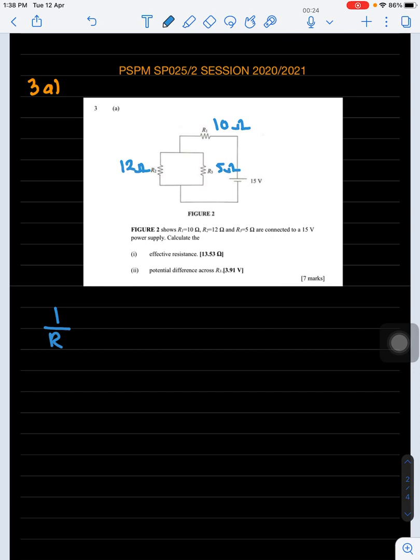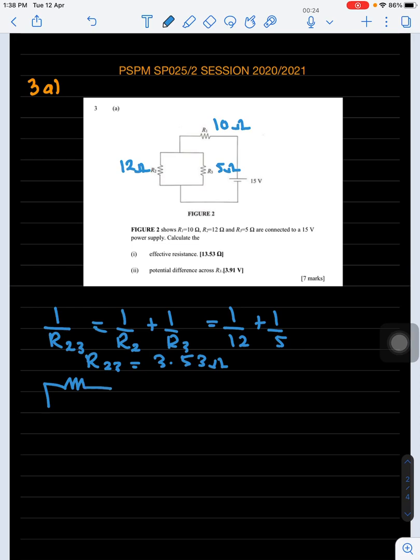So R23 is parallel, meaning that 1 over R23 equals 1 over R2 plus 1 over R3. So 1 over 12 plus 1 over 5. So R23 equals 3.53 ohms. Okay, next, after solving R2 and R3, we are left with a new circuit here.